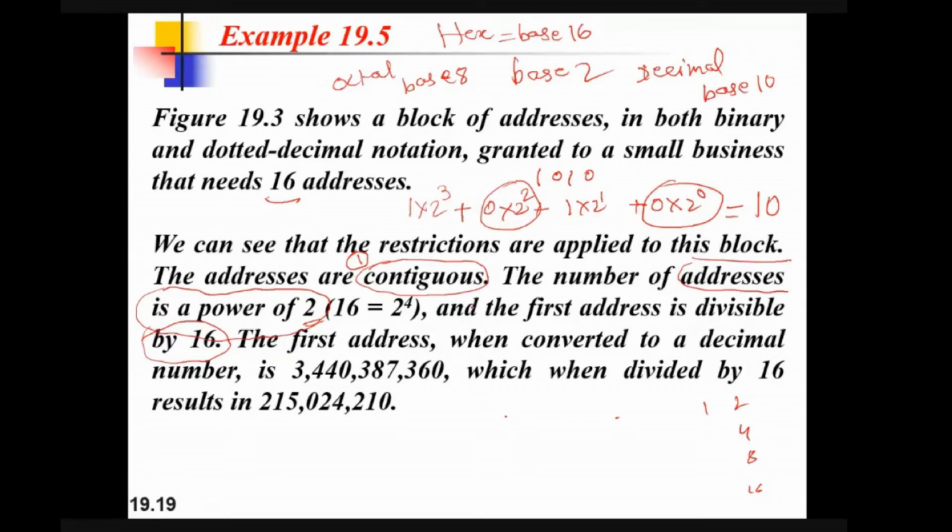And the last condition is that the first address is divisible by 16. So this is the third rule, this is the second rule, and this one is the first rule.